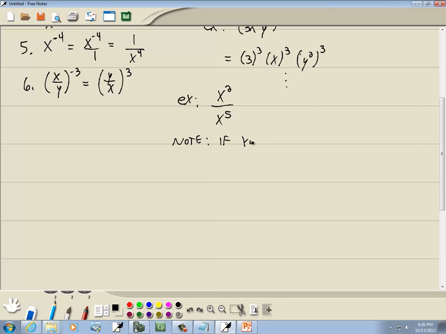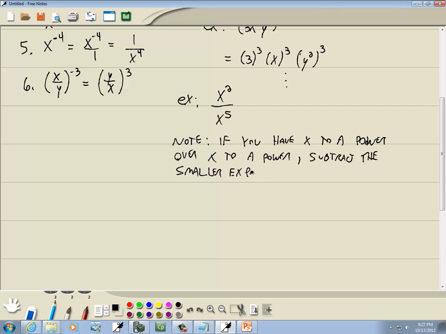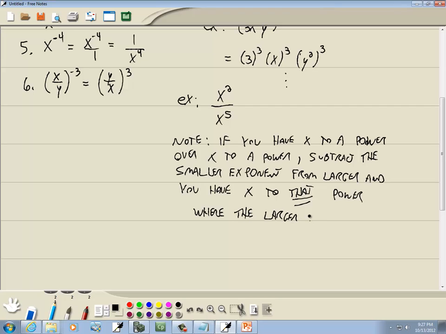The note on this says, and I'll write this in terms of x's, if you have x to a power over x to a power, then subtract the smaller exponent from the larger, and you have x to that power where the larger exponent was.